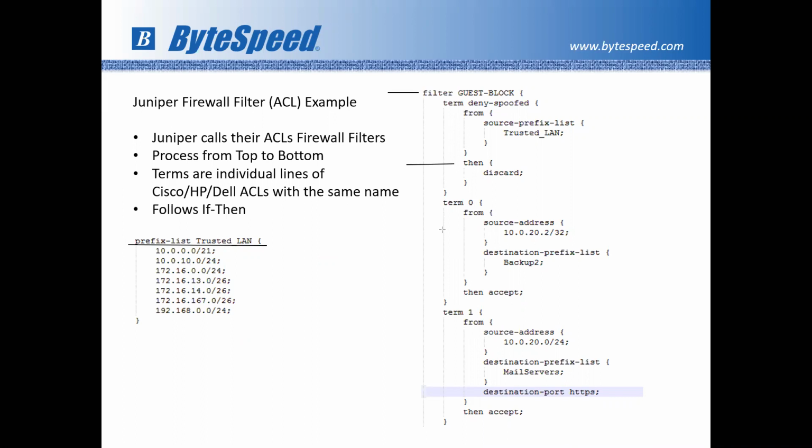If the source address is 10.0.20.2 and the destination prefix list is backup2, which is, say, just a backup server, we want that server on 20.2, which is, say, a basic DNS and DHCP server that people use to resolve the internet, to be backed up. We would then write this rule: source address is 20.2, destination is backup2, and then we accept the traffic and allow it to go through.